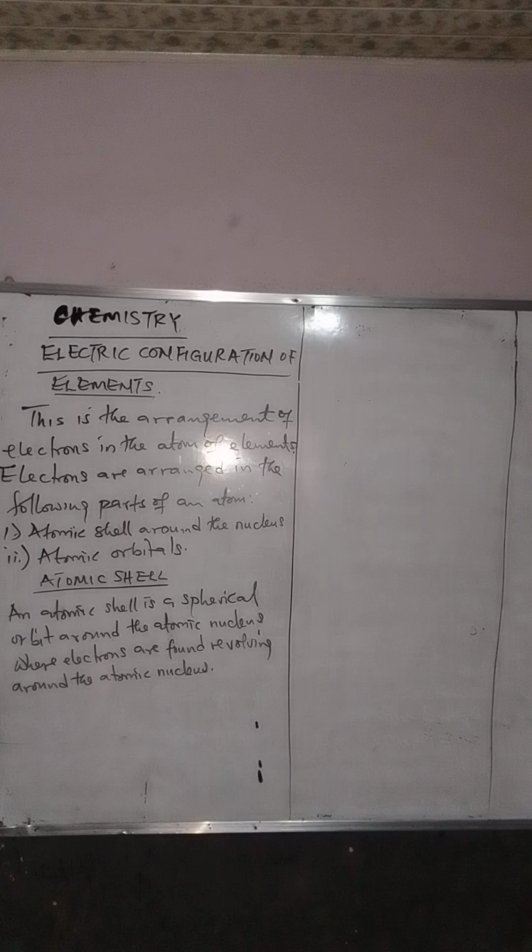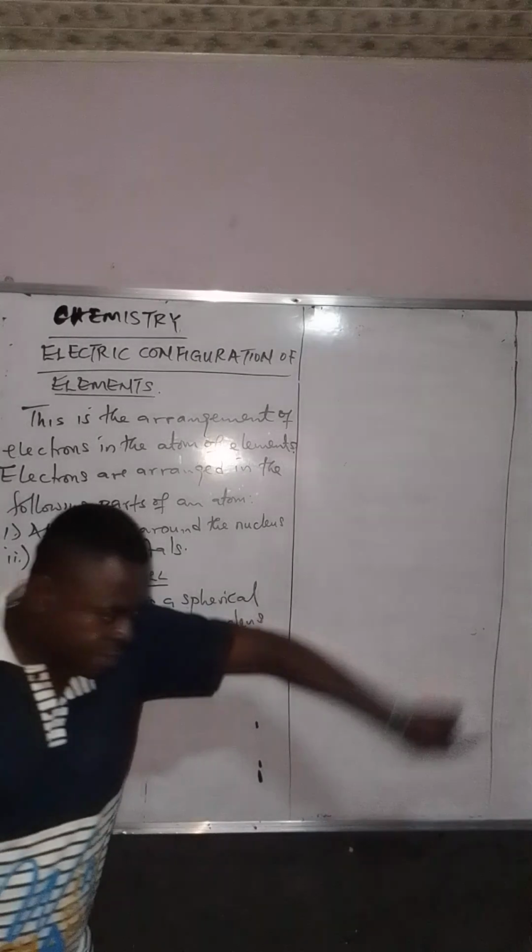So electrons are found moving around the atomic nucleus in the what? Atomic shell.